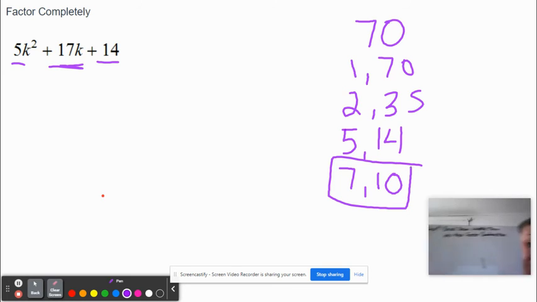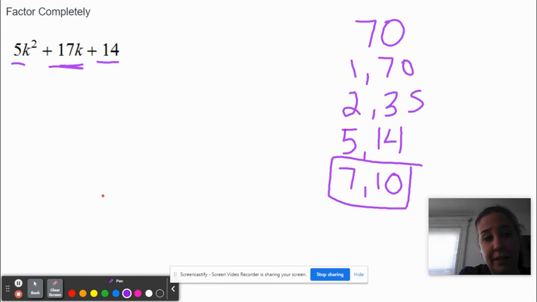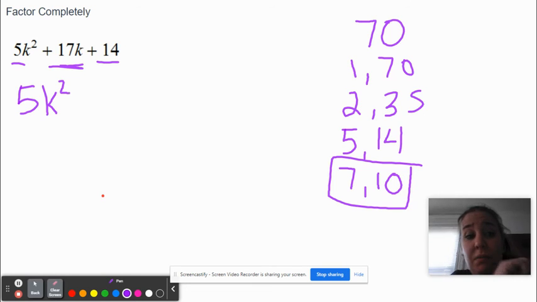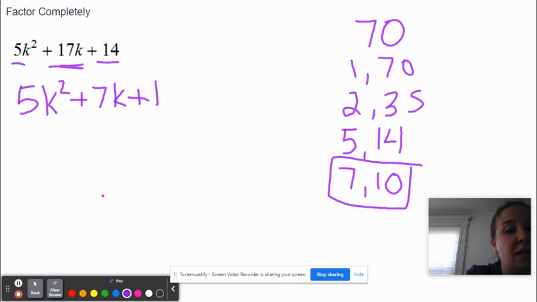Okay, step 4, break down the middle term into that factor combination. And what do I mean by that? You're basically going to rewrite the original problem. So 5k to the second. But instead of writing 17k, we're going to write plus 7k plus 10k.